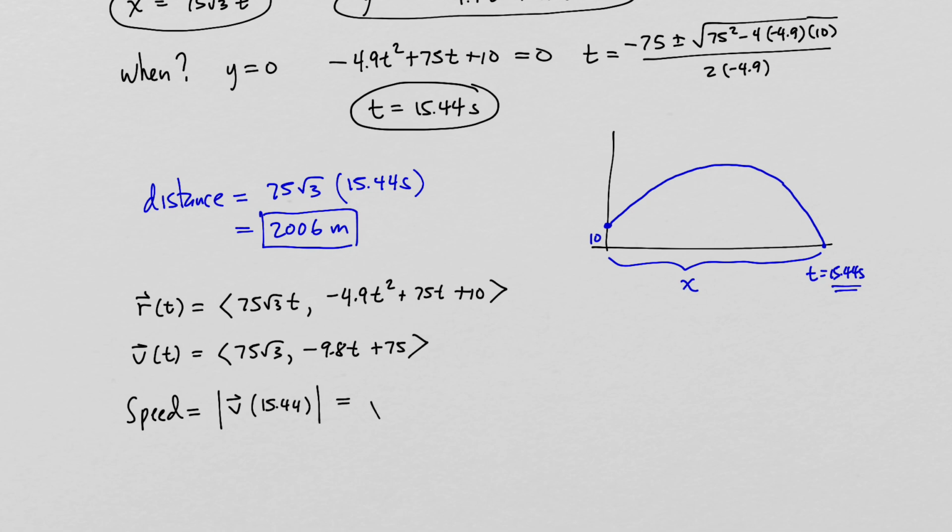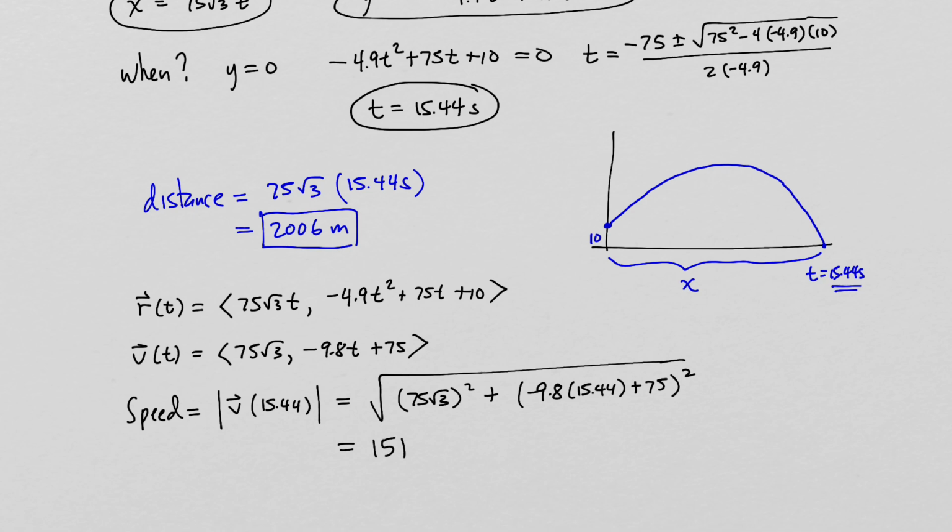And so that will be the square root of 75 radical 3 squared plus the quantity negative 9.8 times 15.44 plus 75, squared. And if we do the math on that, we get 151, and this will be meters per second.